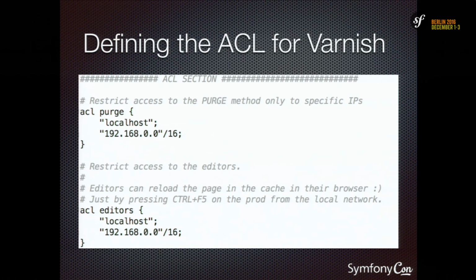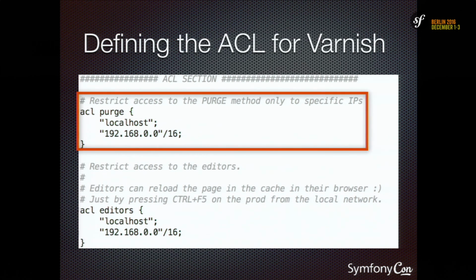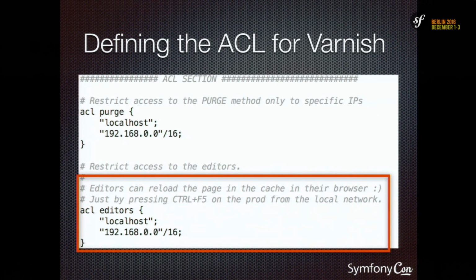Who can invalidate your content? Who can refresh your page? You can define this by defining an ACL for persons or maybe services that will be able to purge your content. You can also enable special APIs or maybe a network for developers or editors who can refresh.